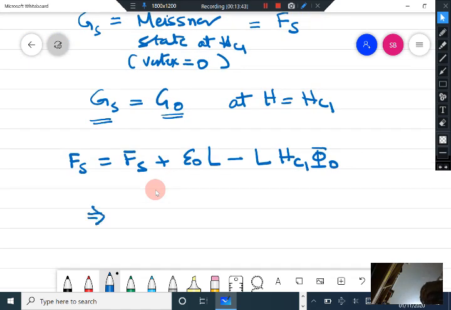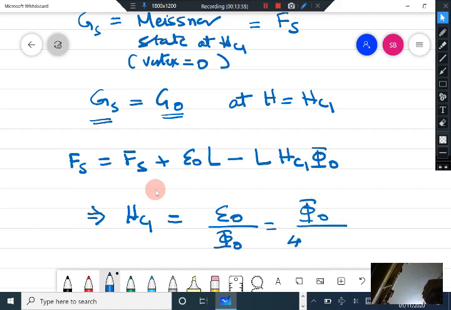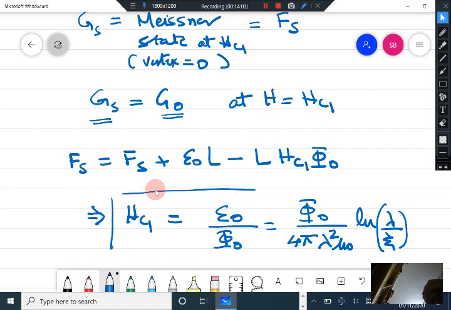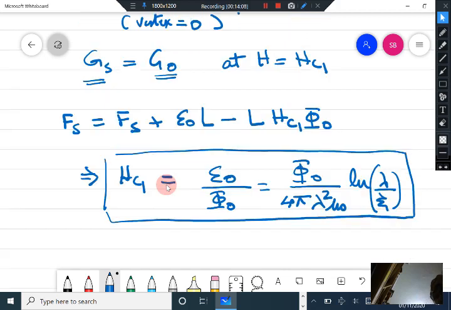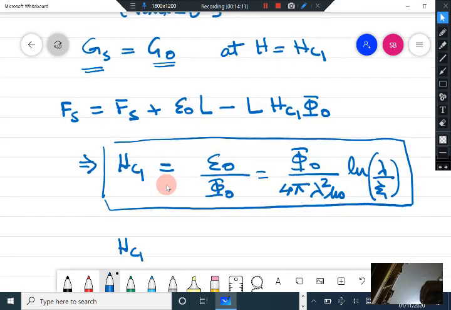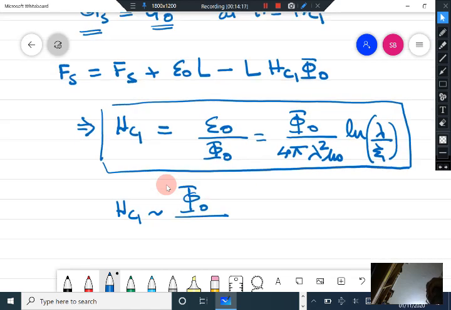This would imply that Hc1 is equal to epsilon naught by phi naught, which is equal to phi naught by 4 pi lambda squared mu naught, log of lambda by xi. This is your calculation of the lower critical field of the superconductor, for a typical type 2 superconductor, especially in the extreme type 2 case.